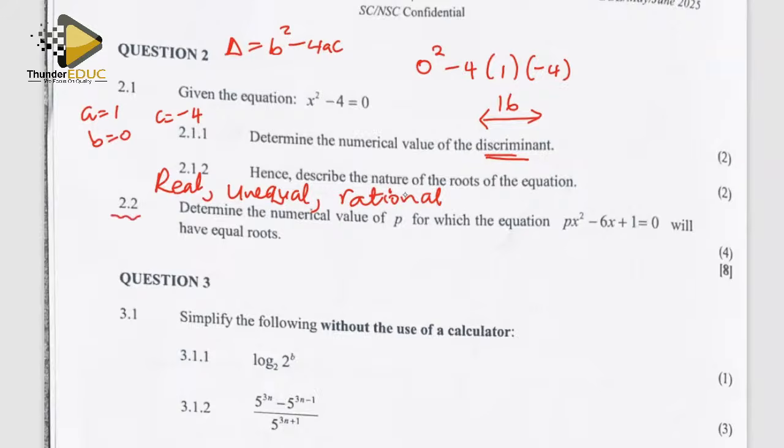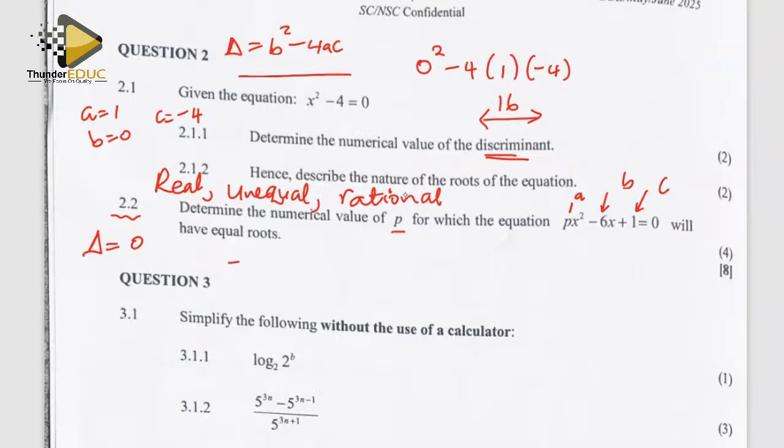Then 2.2, determine the numerical value of P for which the roots will be equal. Okay, so for roots to be equal, the discriminant must be equal to 0. So our a is P, our b is negative 6, and then our c is 1. So let's substitute into this.